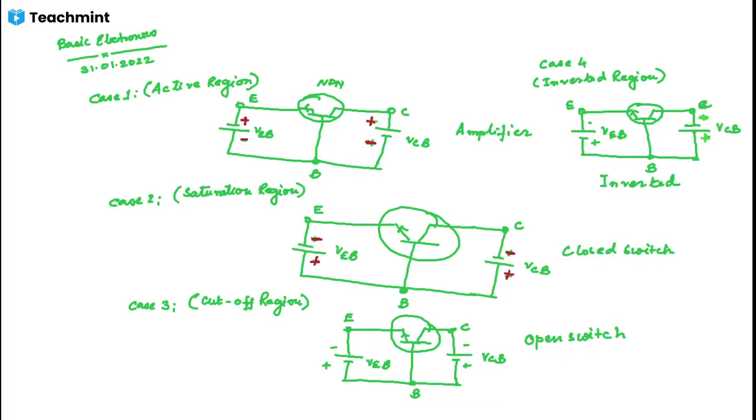For the cutoff region, if I write positive here, negative here, this will be written as positive as well as negative, because it is an NPN transistor. And here also, if I write positive here and negative here, this will also be written as negative and positive.